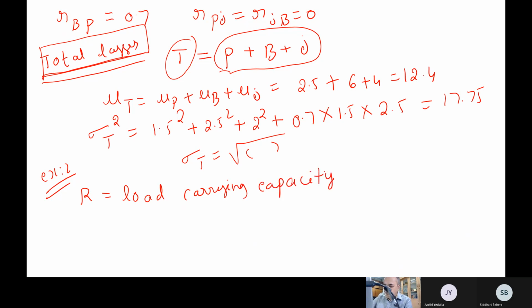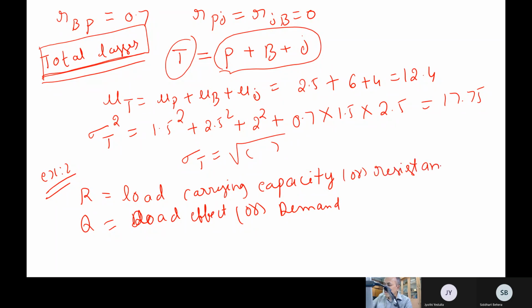Let us say we denote it by R, and then Q is the demand or the load effect basically, or the demand. So we also call this resistance. So we have a load and we have this resistance here.